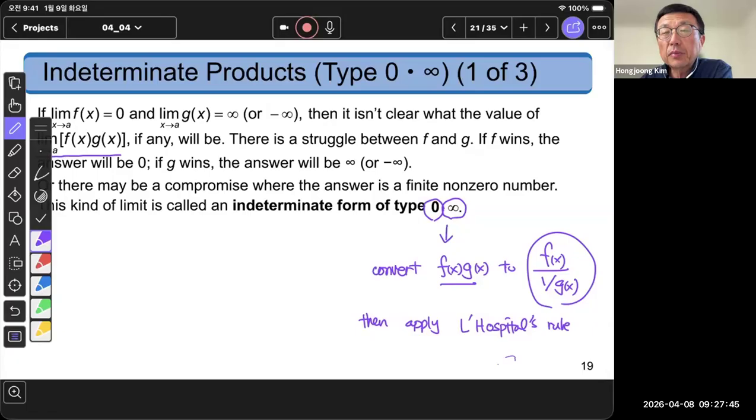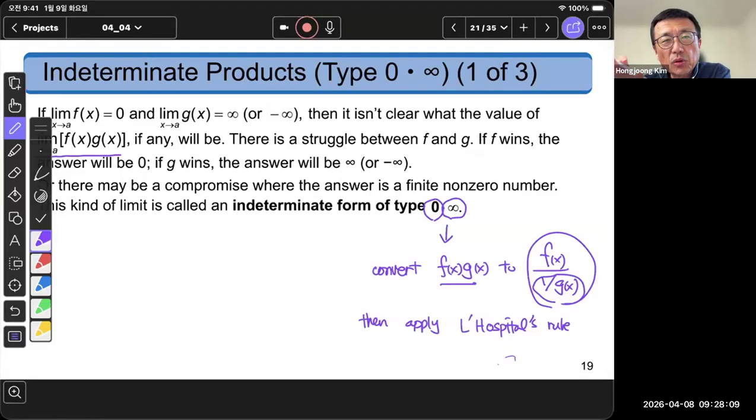We can apply the L'Hopital's rule because, for example, if f is a function that converges to 0, then that means g of x will diverge to plus or minus infinity. But since I have the reciprocal 1 over g of x, this 1 over g of x in the denominator will converge to 0.